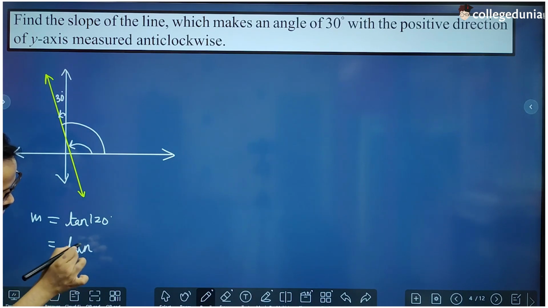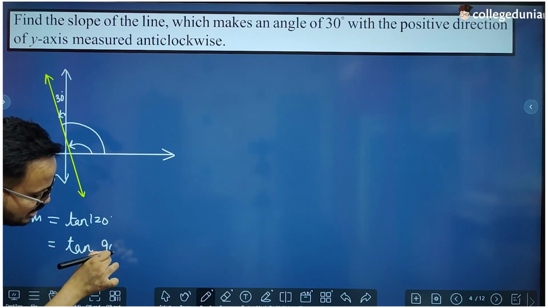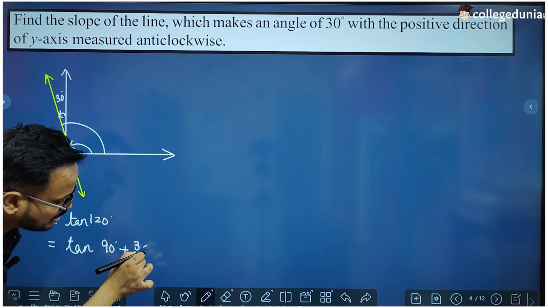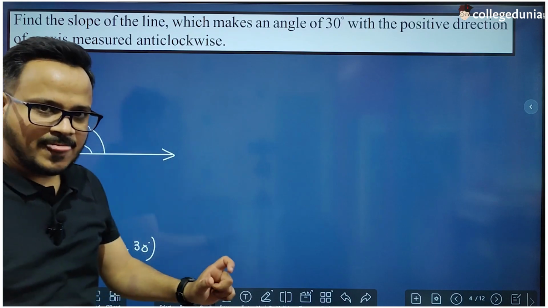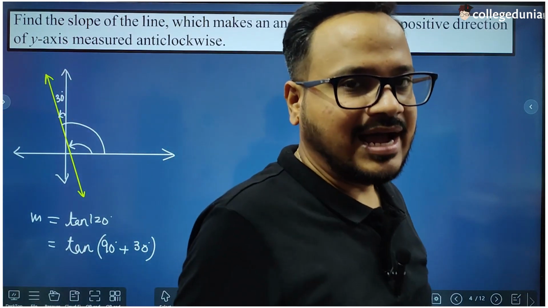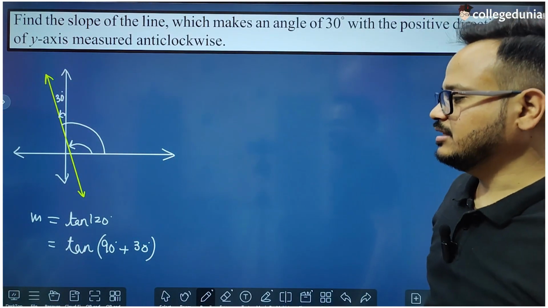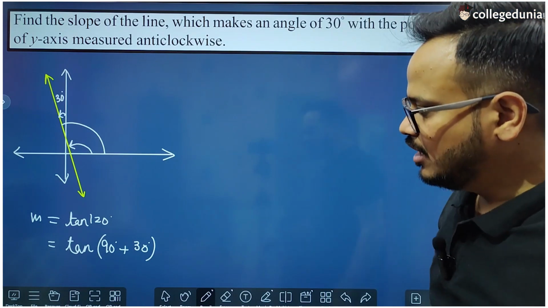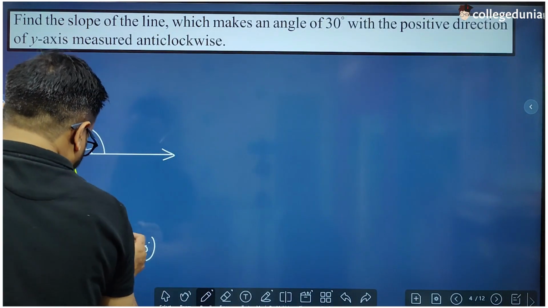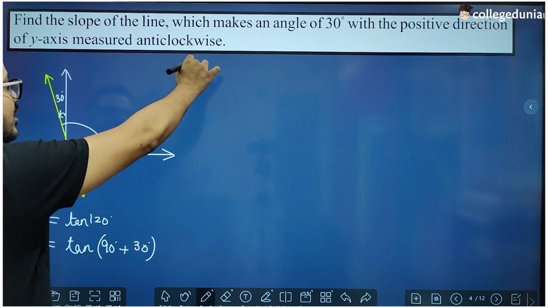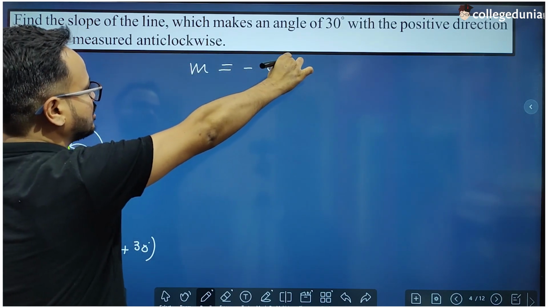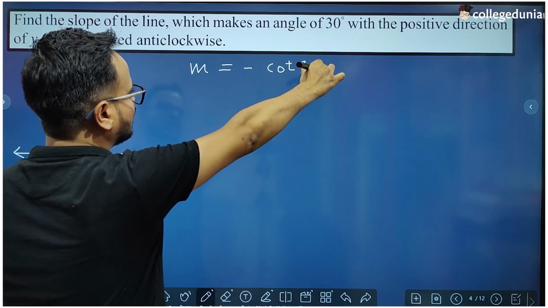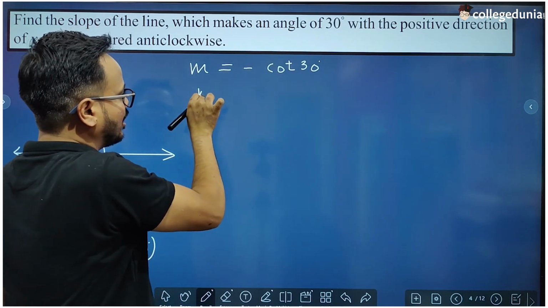We can write it as tan of 90 plus 30, and this angle lies in the second quadrant. So tan theta in second quadrant is negative, and since tan of 90 plus theta is minus cot theta, the slope of this line is minus cot 30 degree.